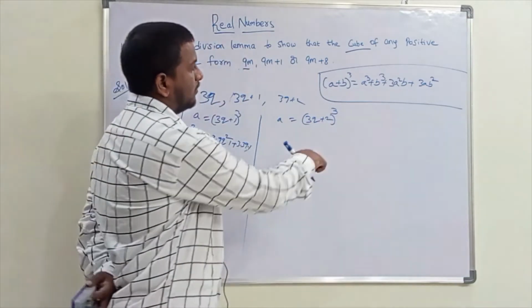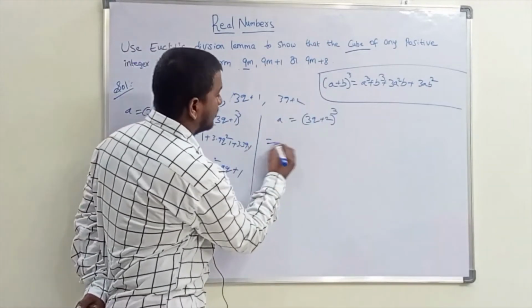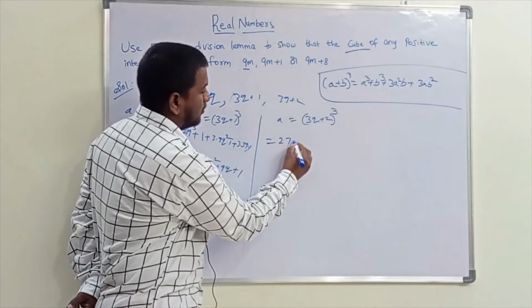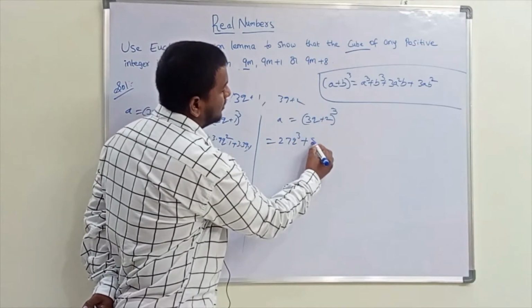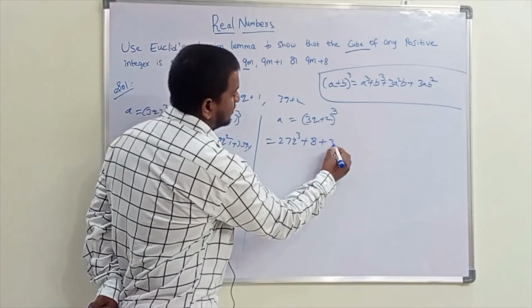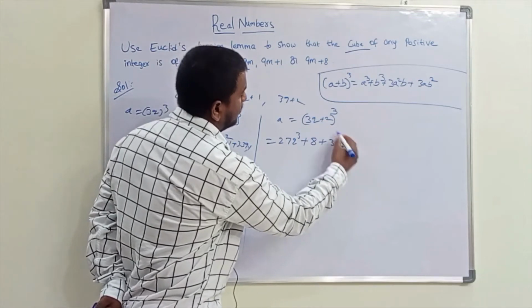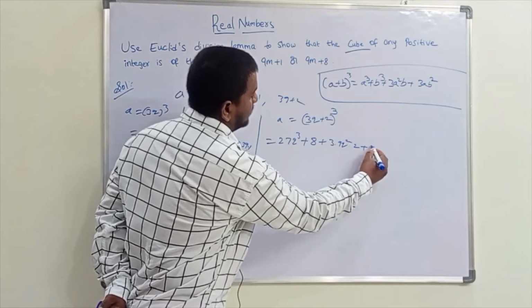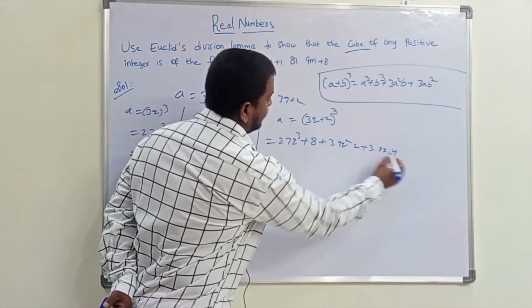So again the same way, a cube plus b cube plus 3a square b plus 3ab square. In the same format we write. So a cube is what? 27q cube plus b cube is what? 8, 2 cube is 8, plus 3 into a square means 9q square into b, that is 2, plus 3 into a means 3q into b square is what? 4.